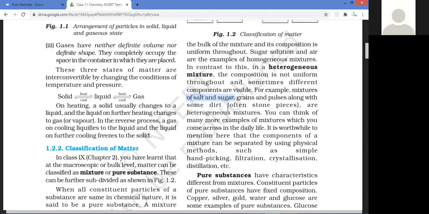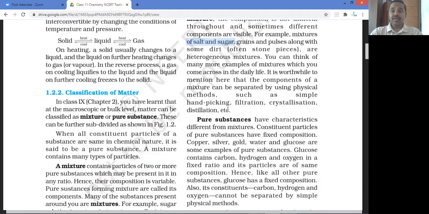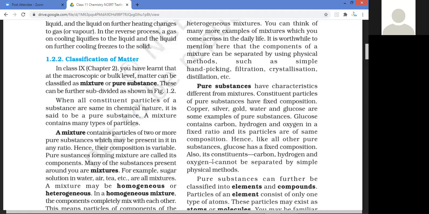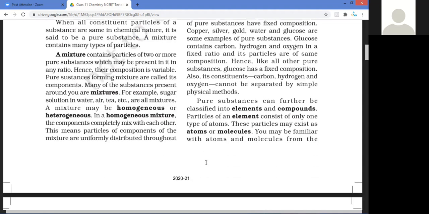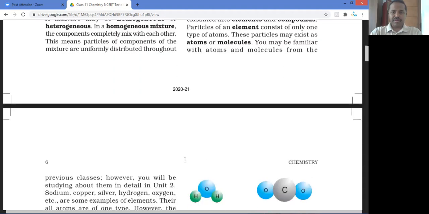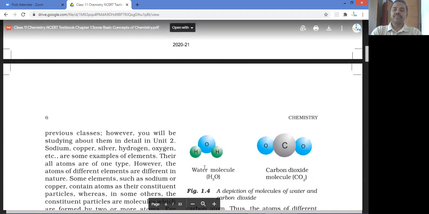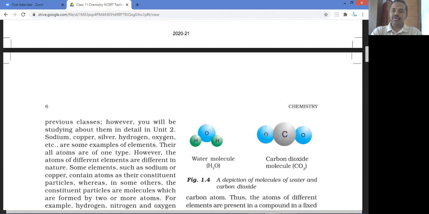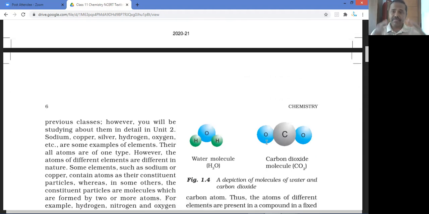And that is where, in the art of cooking, we always look for homogeneous, where it's all mixed very well. So basically, any part you take will have the same composition. I think the reason you said hetero is because CO2 has two oxygen and one C, but if you take any portion, you will get the same composition.